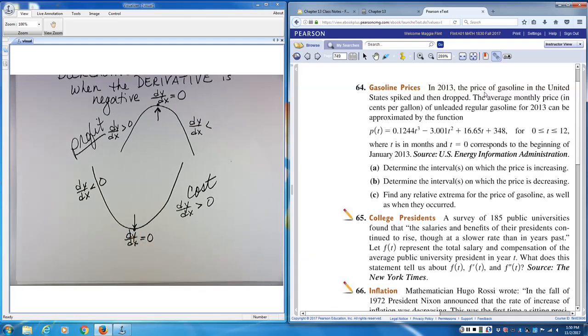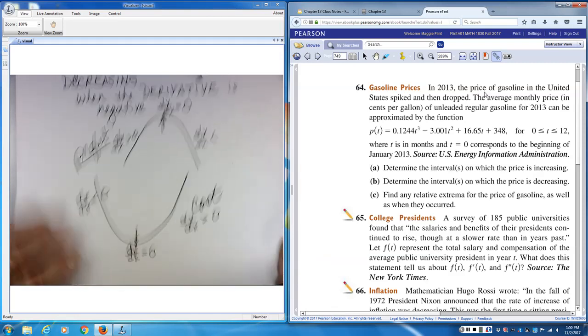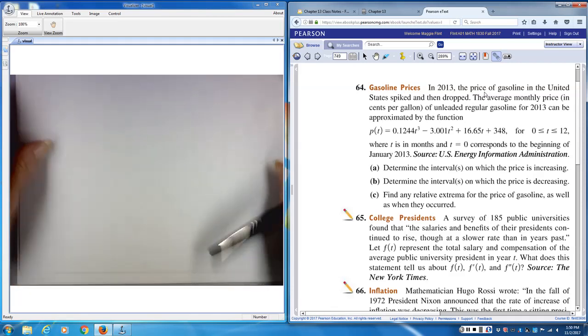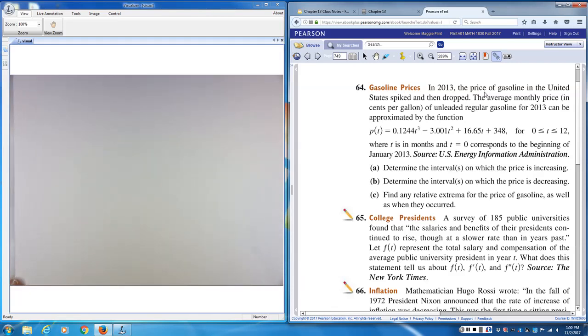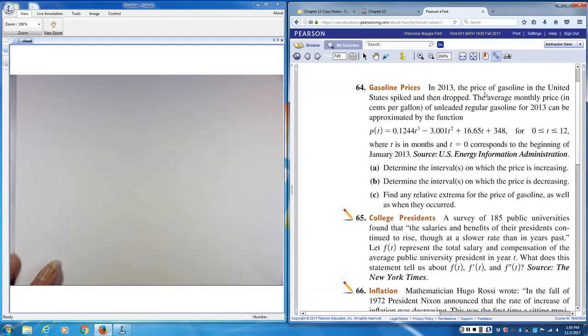So now let's go back and look at the problem for the price of gasoline. The function that they give us, as we've already said, is a cubic function.